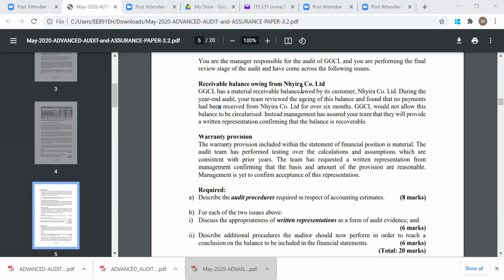Okay, so to get it right, with receivables we should rather go in for confirmations from the client, that's the client of the audit client, rather than going in for the representation. Fantastic.